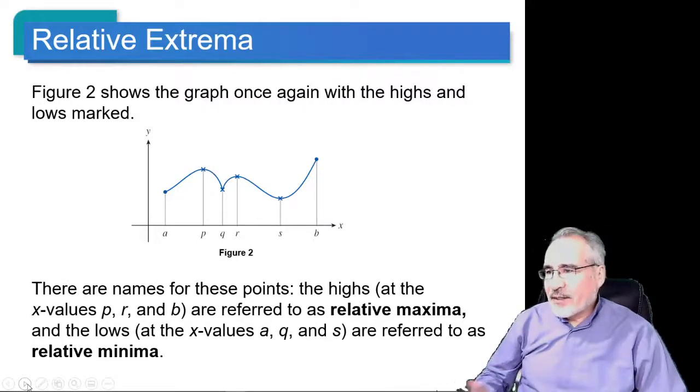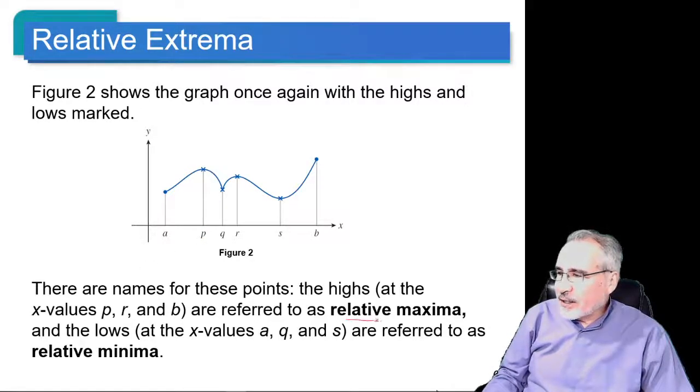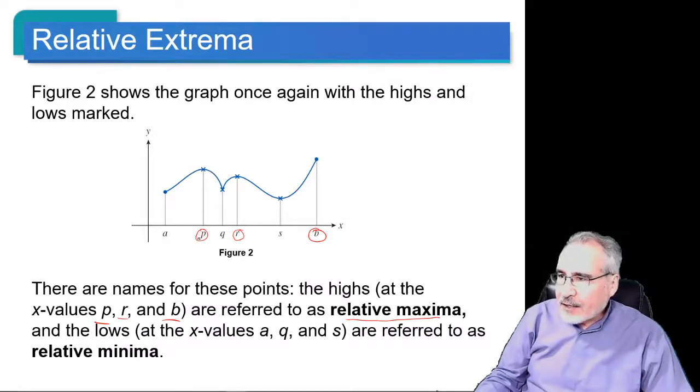Okay. So we've got the highs and lows, and again, they're identifying the x values where the things occur. So we identify the maximums by the x values. So there's a maximum, there's a maximum, and there's a maximum. So that's what identifies them. What makes the x value of p be a maximum, though, is its corresponding y value, obviously.